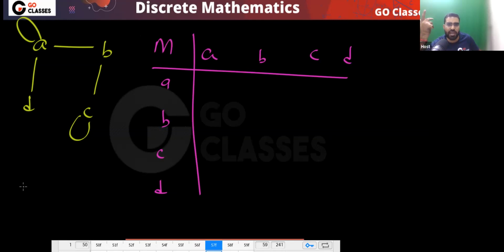Like how many walks of length 1 from A to A? You can take a disconnected graph also, no problem. Let's take E also. Simple question I'm asking: how many walks of length 1 from A to A in this graph?